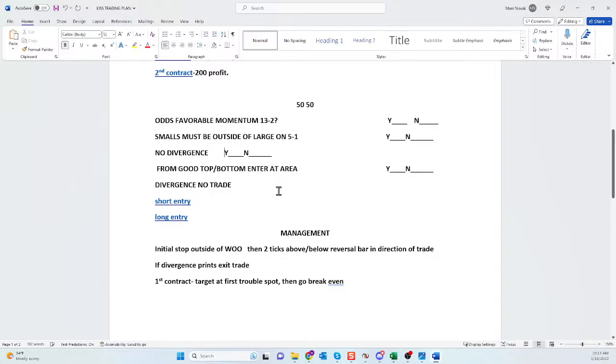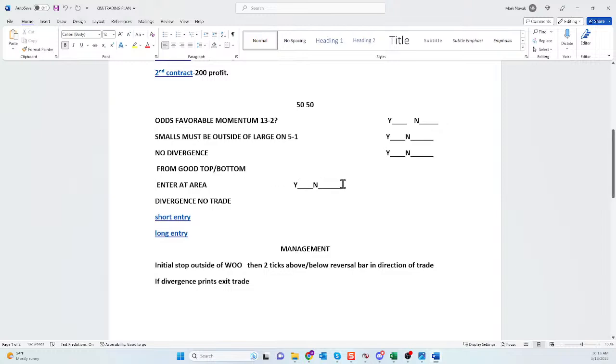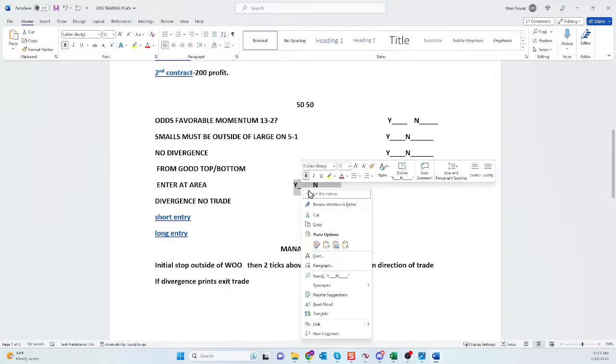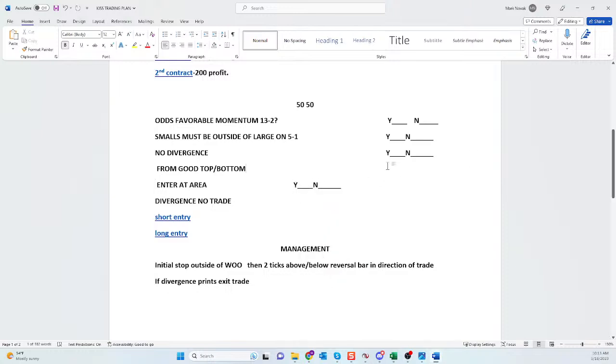Sometimes we got to modify, right? No divergence. Is it from a good top or bottom? Enter at the area. Does that make sense? Yes.